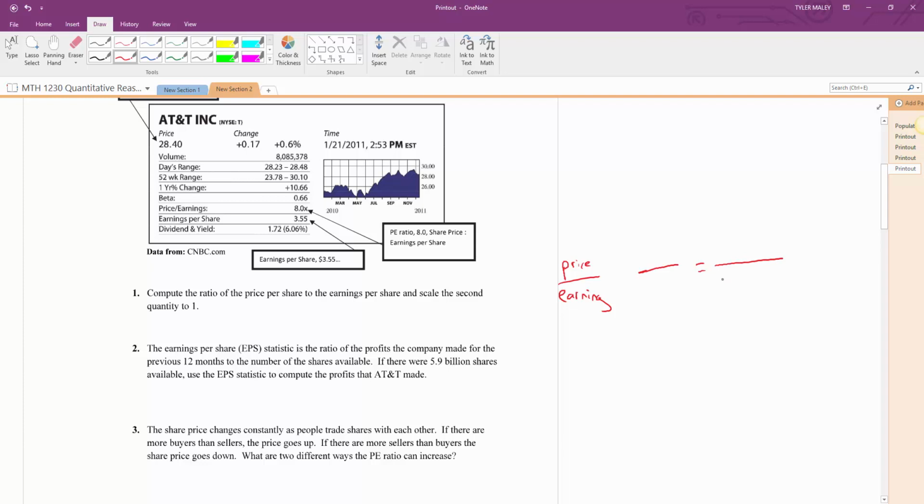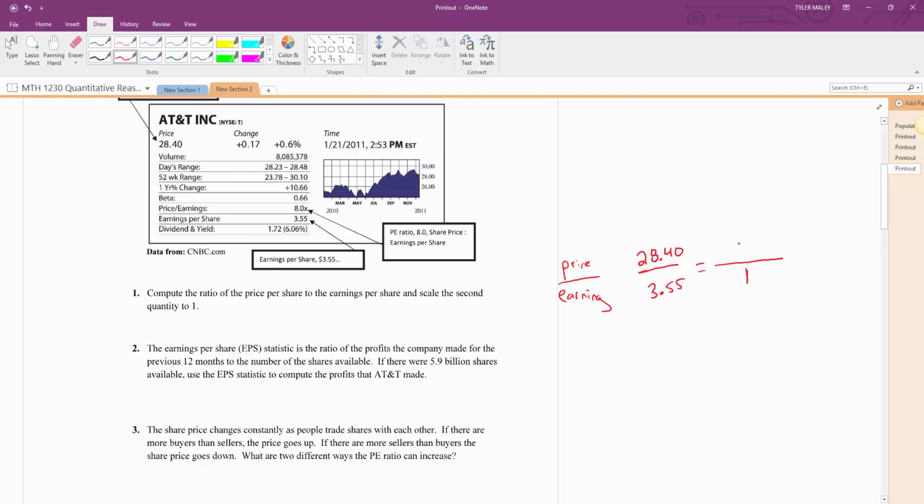We want to scale the second quantity to 1, so I'm going to fill in a 1 here. The price from the table above is 28.40, and the earnings was 3.55.